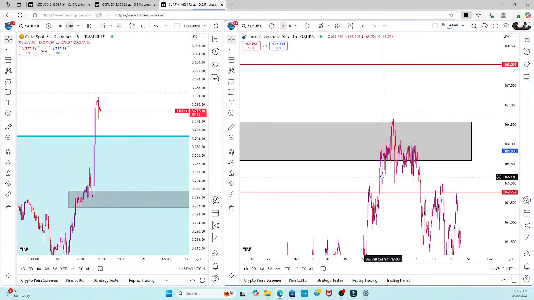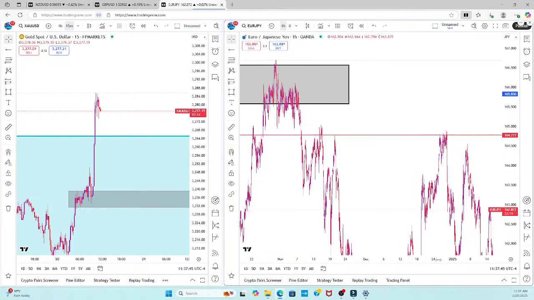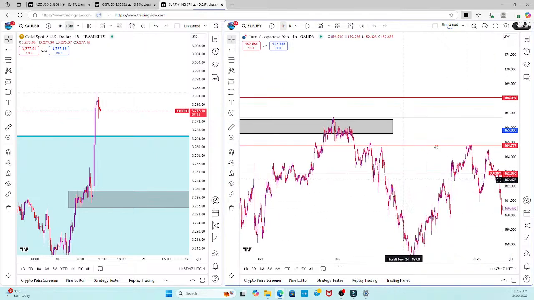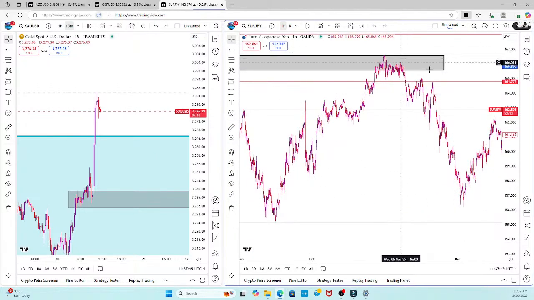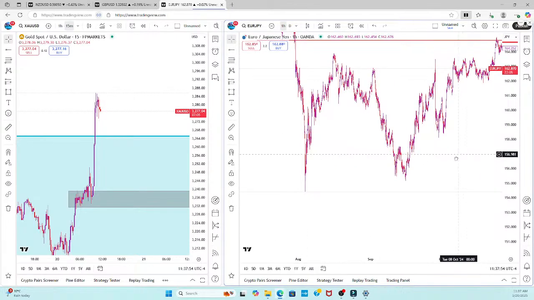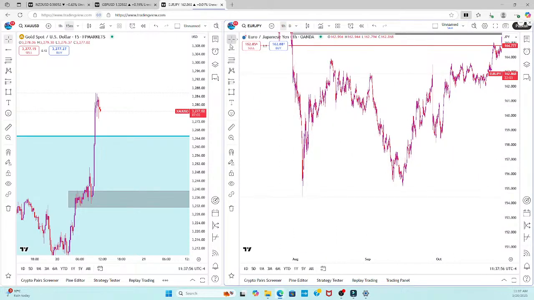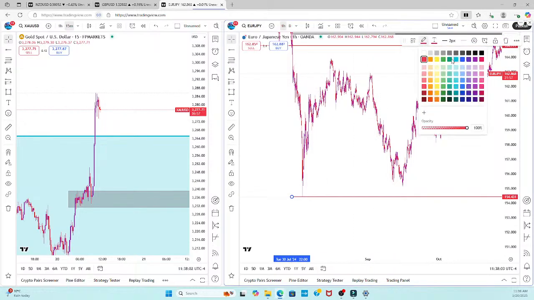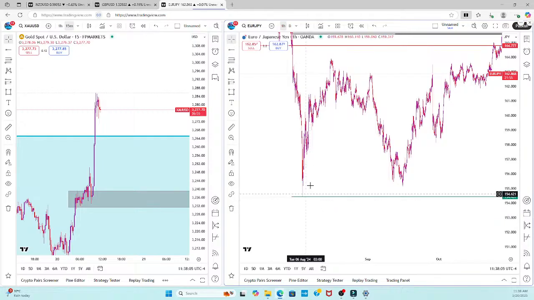Usually when the price sells off from that internal resistance, the main target is the current low, which in this case is right here.